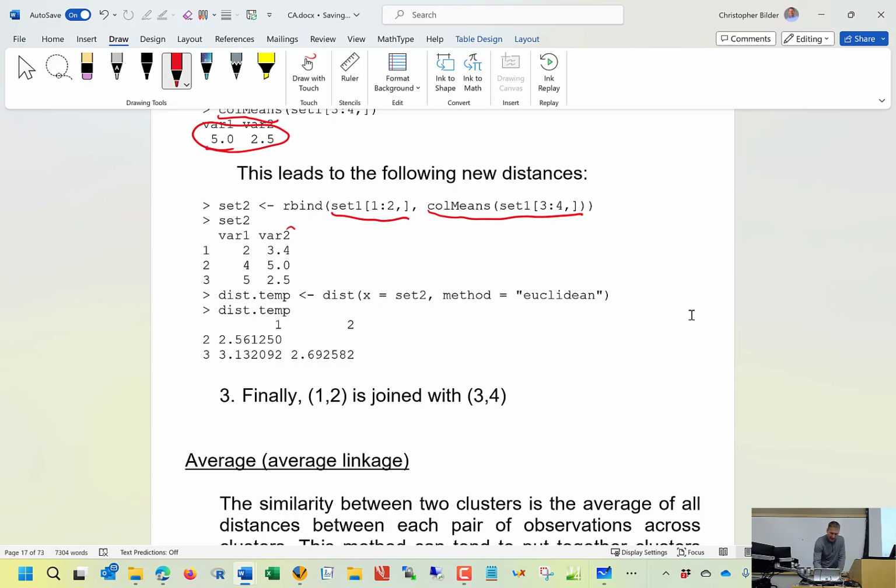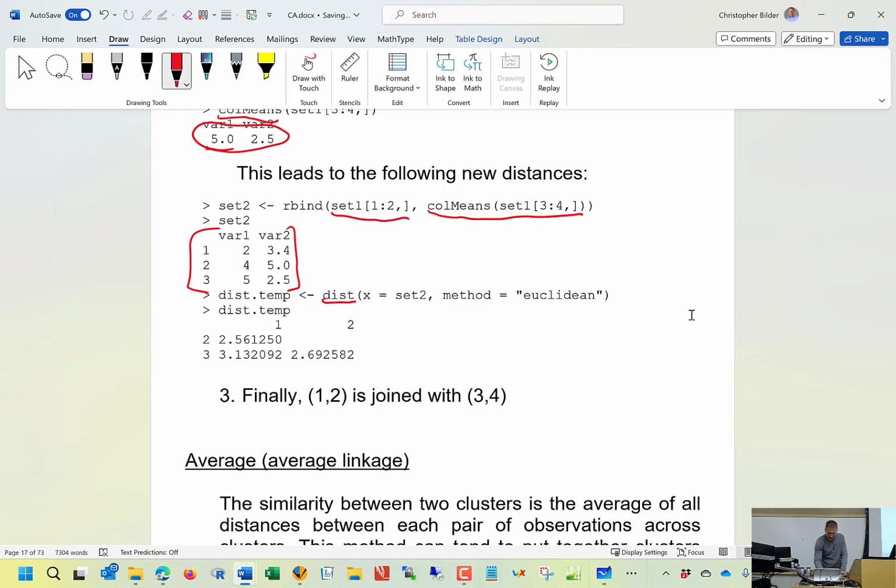Now I have a new little data frame that has all the values that I want to find the distances between. So I can put this back into dist, and this is what I get.